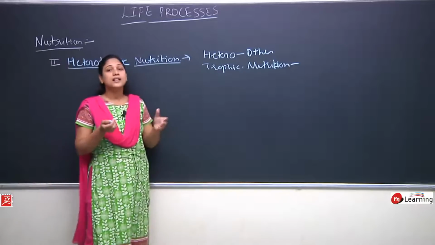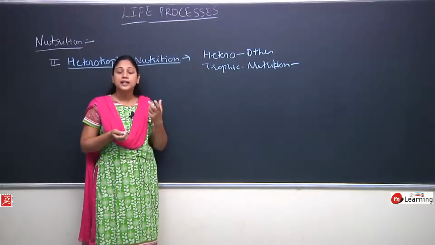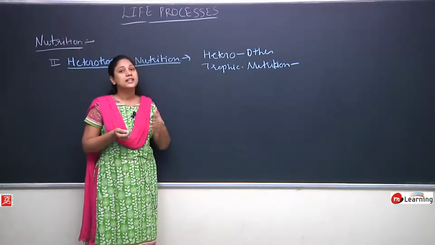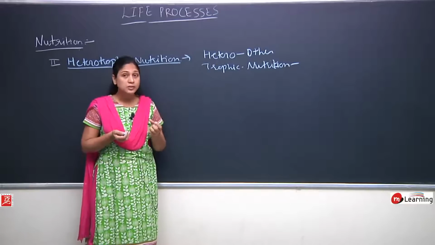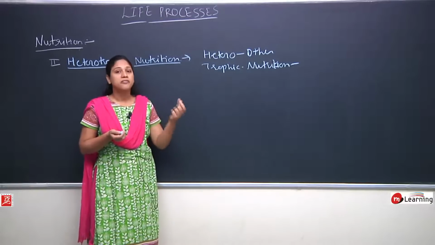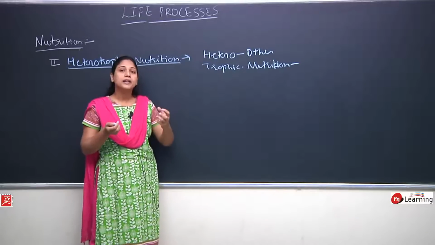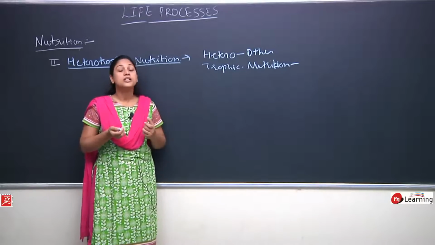As we know, we don't produce our own food in our body. We take it from the plants, and we take it from animal sources, like milk, fish, and meat. So we are dependent on other sources of nutrition.